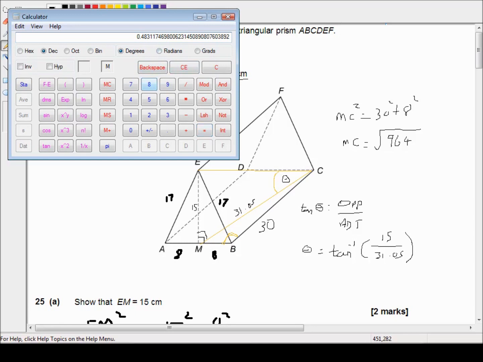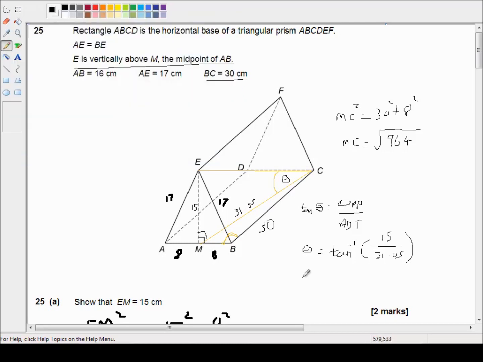And now I need to make sure my calculator is set to degrees, and then I need to find the arctan. So if I click inverse and tan, that gives me 25.785, or 25.79 degrees. So theta equals 25.79 degrees.